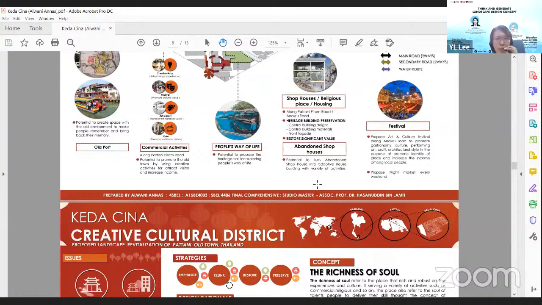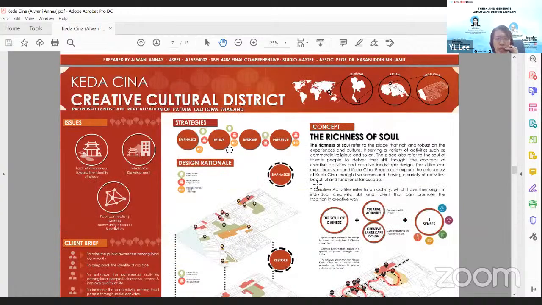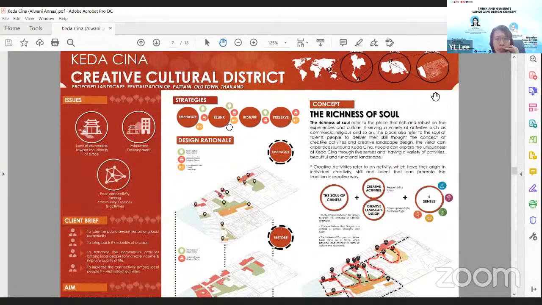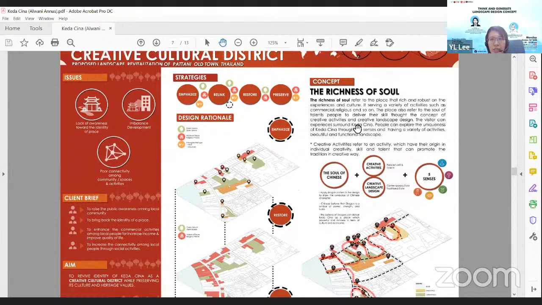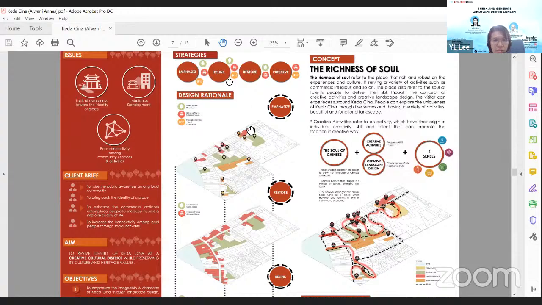Okay, here I want to show you when she shows her concept, which is the riches of soul. When you look at this concept, it's very philosophical. She tried to put in the problems of the issues, and also the design rationale that she's going to emphasize.